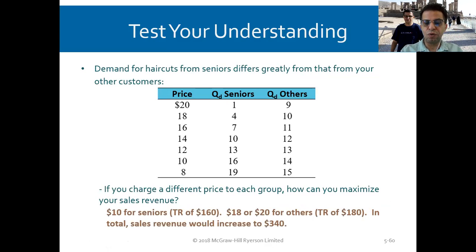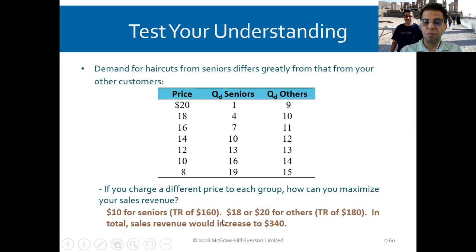So here, at $10, we see a maximum of 16 seniors come in, which generates 160. If you go to $8, it will not generate 160; you get less. So you pick $10 for the seniors. On the other hand, for the others, at $18 or $20, your total revenue is $180.